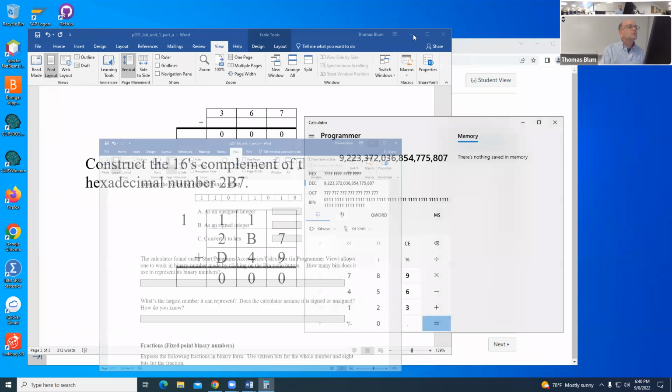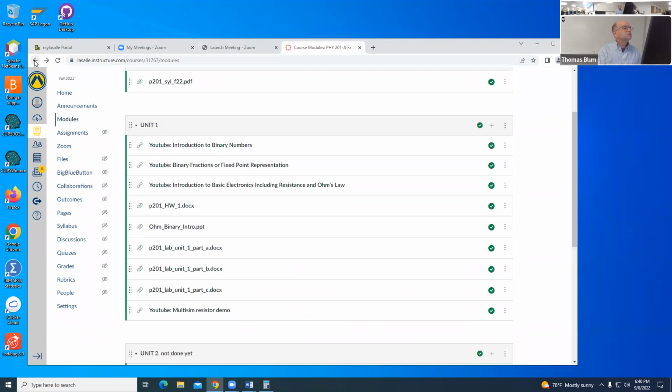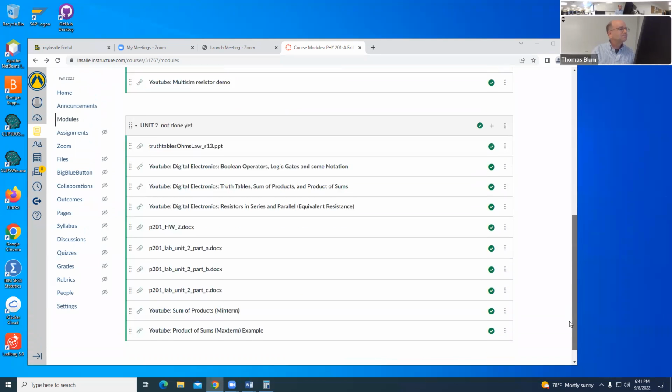All right, so I will do the lecture part of Unit 2. There were the pre-recordeds for Unit 1. There's the homework, there's the slideshow, there's the 3 parts of the lab. Here's the recorded demo of the Multisim.